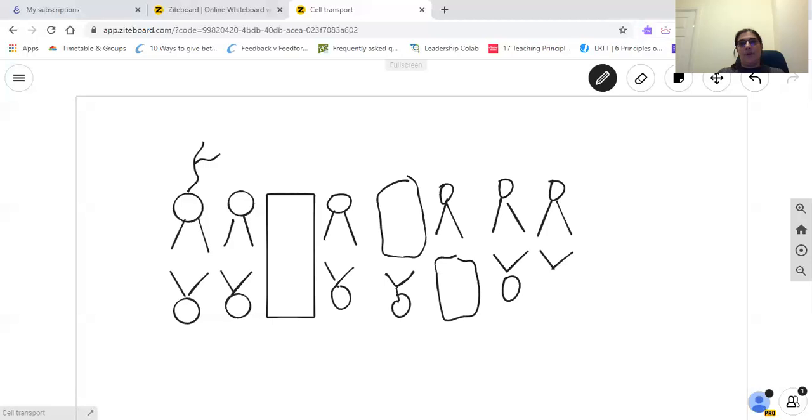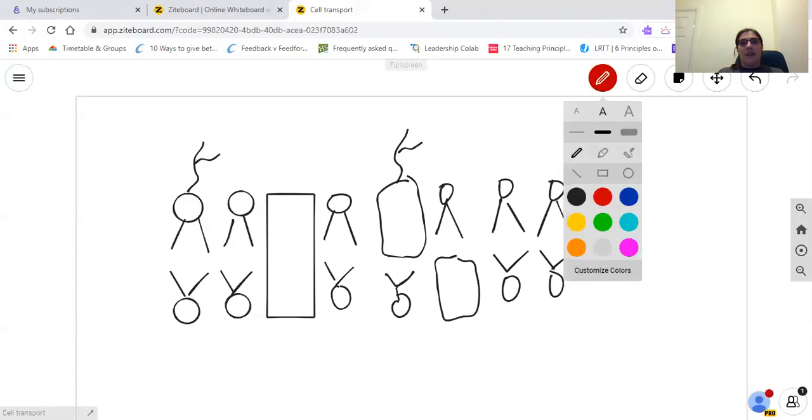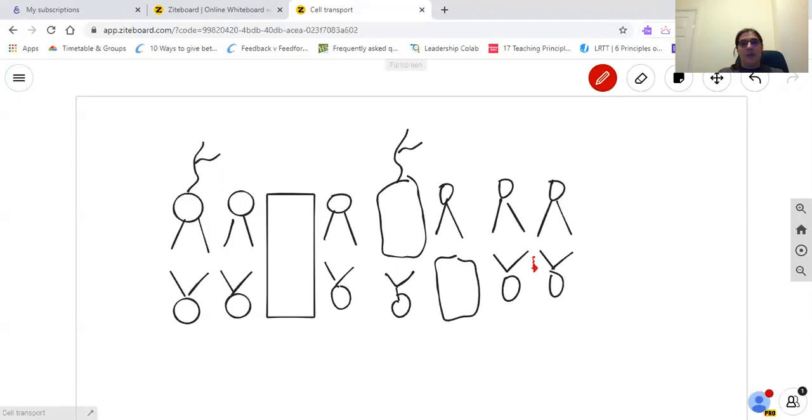Some of those proteins will also have carbohydrate groups sticking out, and interspersed between the phospholipid tails is cholesterol.